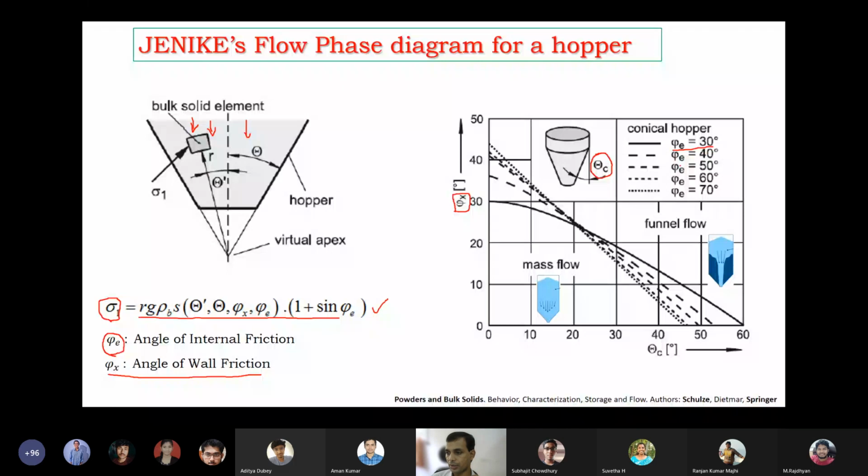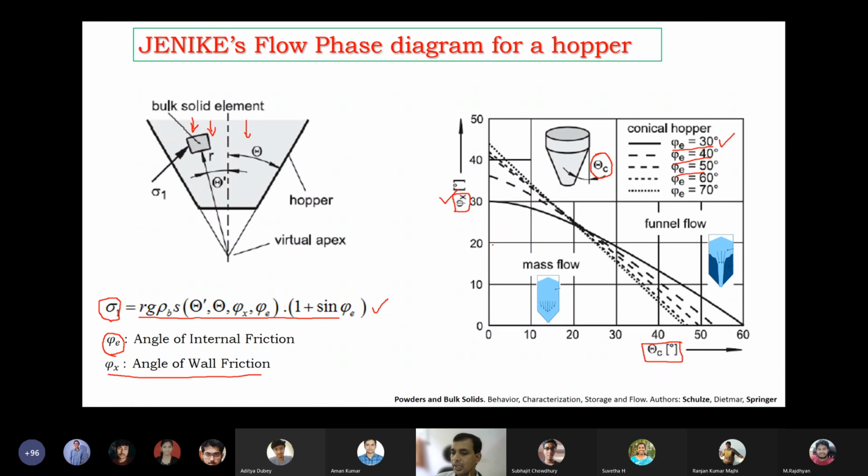So if we know the angle of wall friction and the angle of internal friction, using this empirical diagram we can find out the conical Hopper angle.